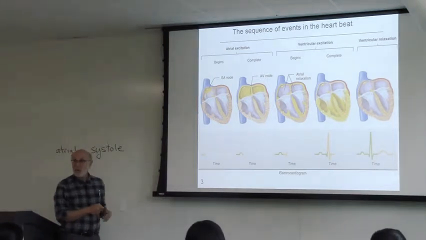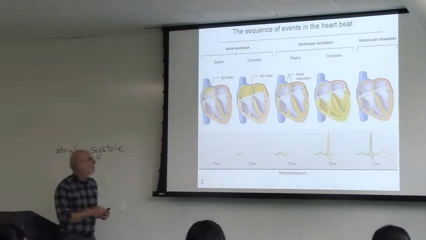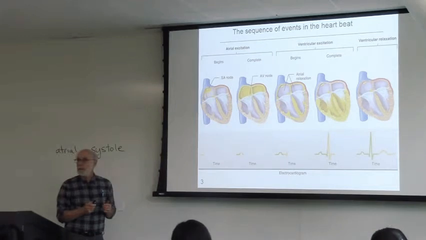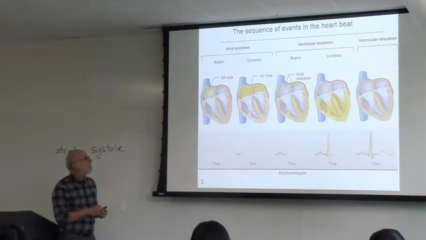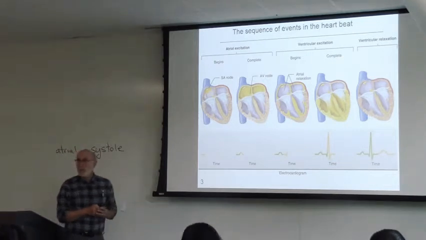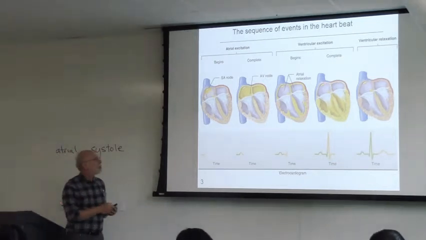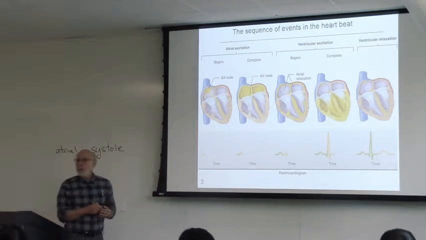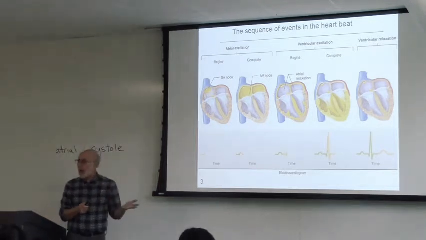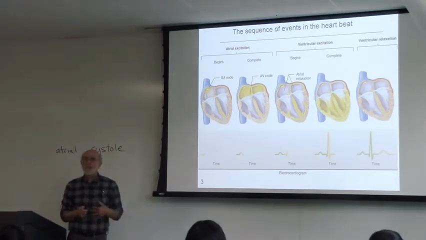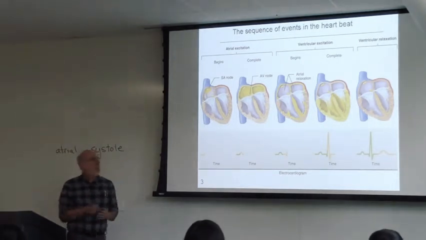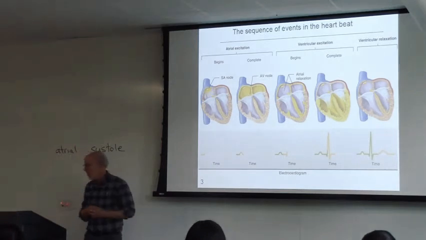I'm using anatomical words that are good to know, and then into the ventricular walls. So it goes from septum to apex to walls. But eventually, all of the ventricle has fired an action potential. Calcium has flowed in, calcium is released from the SR, they have contracted, and we have ventricular systole.